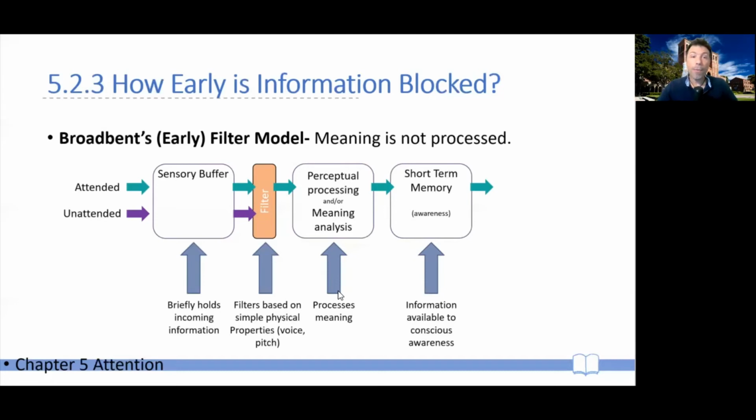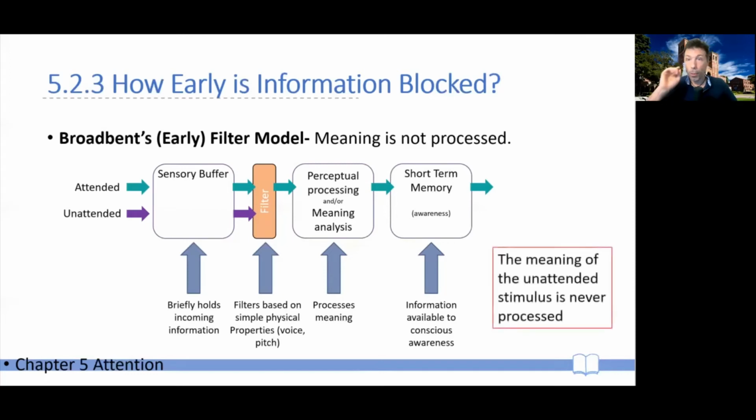So in other words, you never really get to know what was said and what are the semantic contents, what was the message inside the unattended ear. Of course, conversely, what is in the attended ear gets, after it passes through the filter, fully elaborated. And so, as I was saying, one very important implication of this model is that no trace of the meaning of the unattended message ever makes it through the filter. So your brain never gets to assign meaning to the unattended channel.